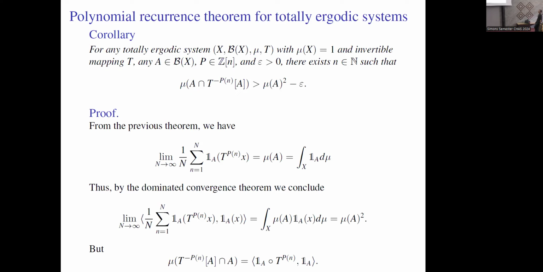And so as a corollary for totally ergodic systems, we derived this nice variant of the Poincaré recurrence theorem for polynomial orbits.